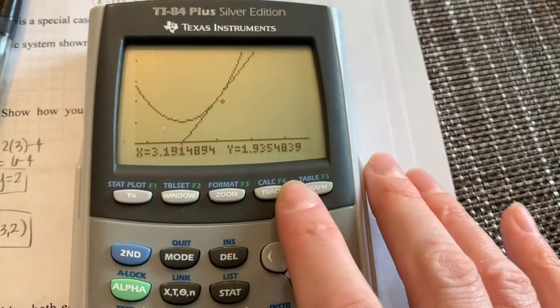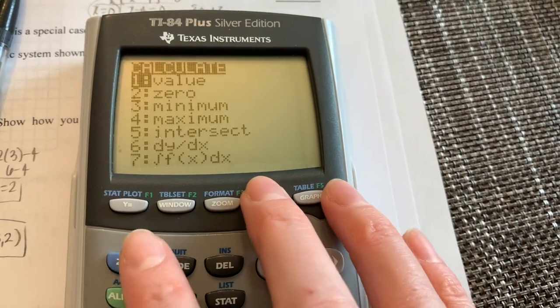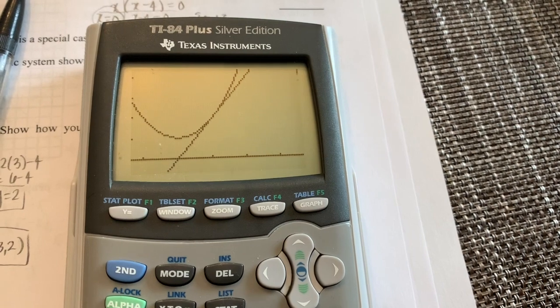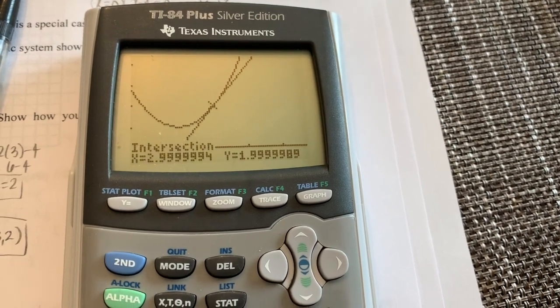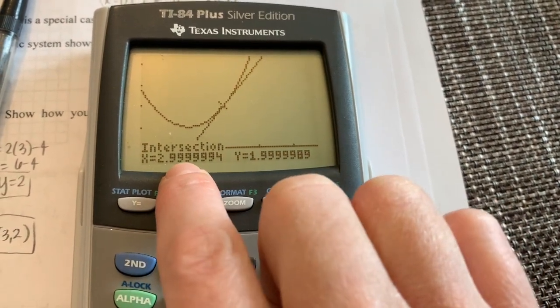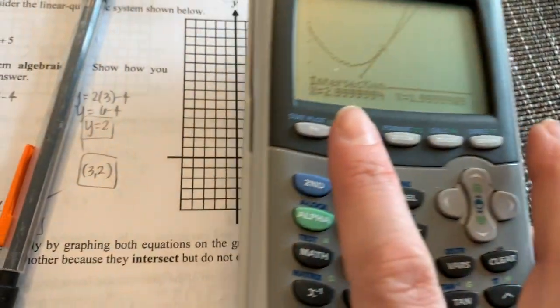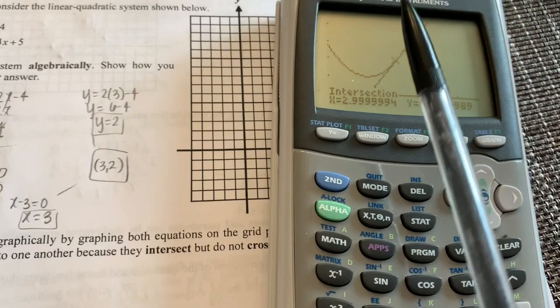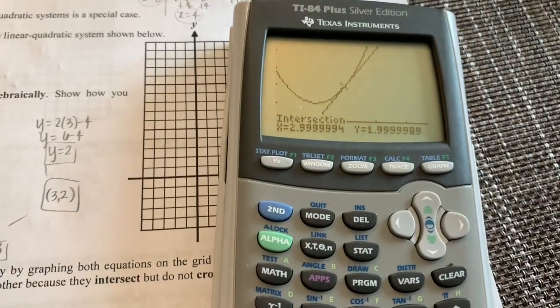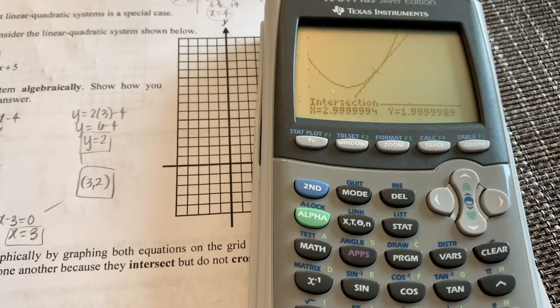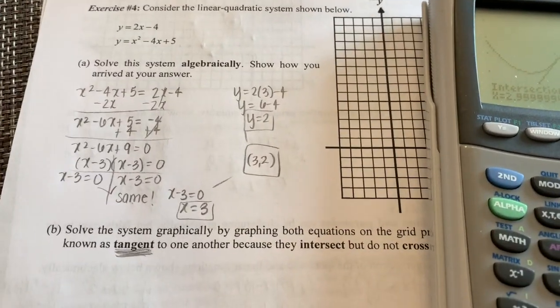Now, if I do a trace here, it's thinking the intersection point is 2.99994, 1.999. Look at how close that is to what we have here: 3 and 2. When you do it in your calculator, it doesn't always give you the exact answer, and that's why we want to look at the algebraic ways.